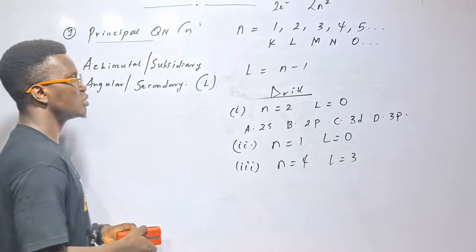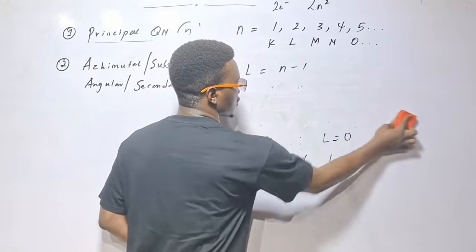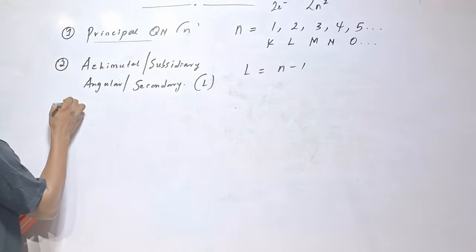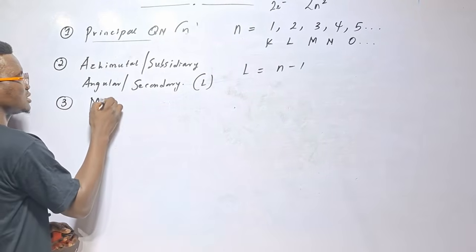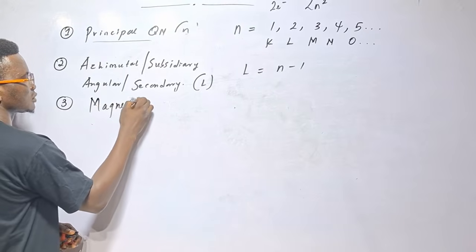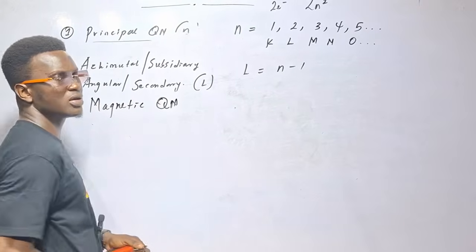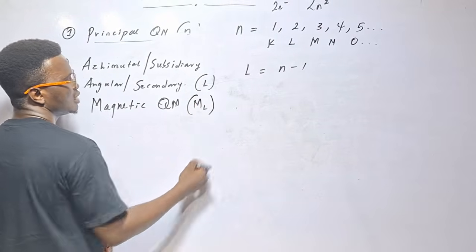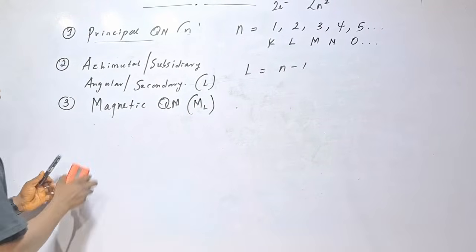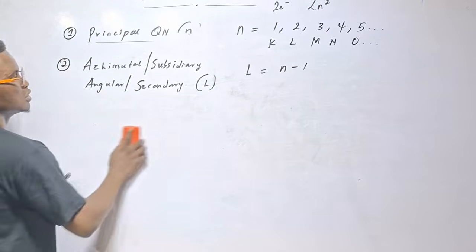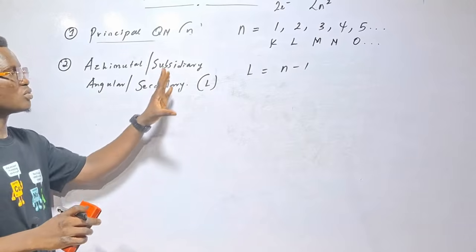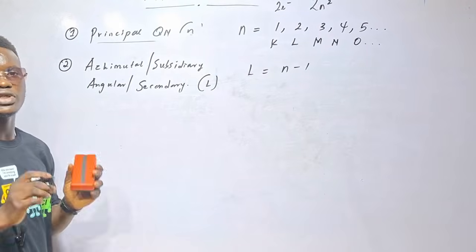Now the third one we want to talk about is what we call the magnetic quantum number. It is usually denoted with m sub L. Before I talk about that, another thing that the subsidiary quantum number talked about was the shape of the orbitals.